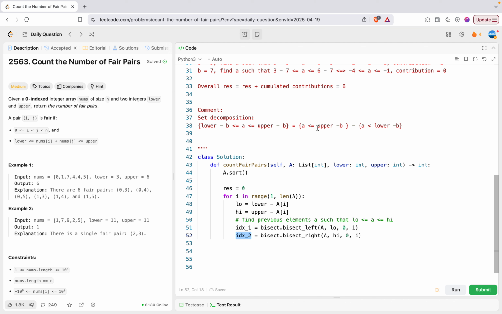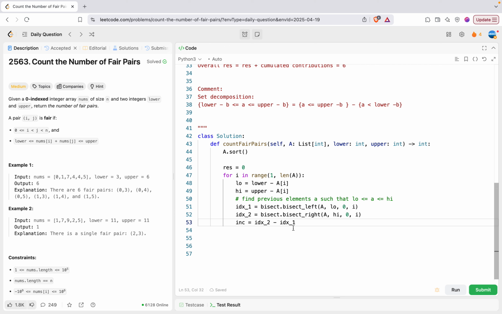In other words, this set we are computing. Then we do the difference, so the increment will be the difference. We don't need to introduce those variables, but it is just to demonstrate the process.